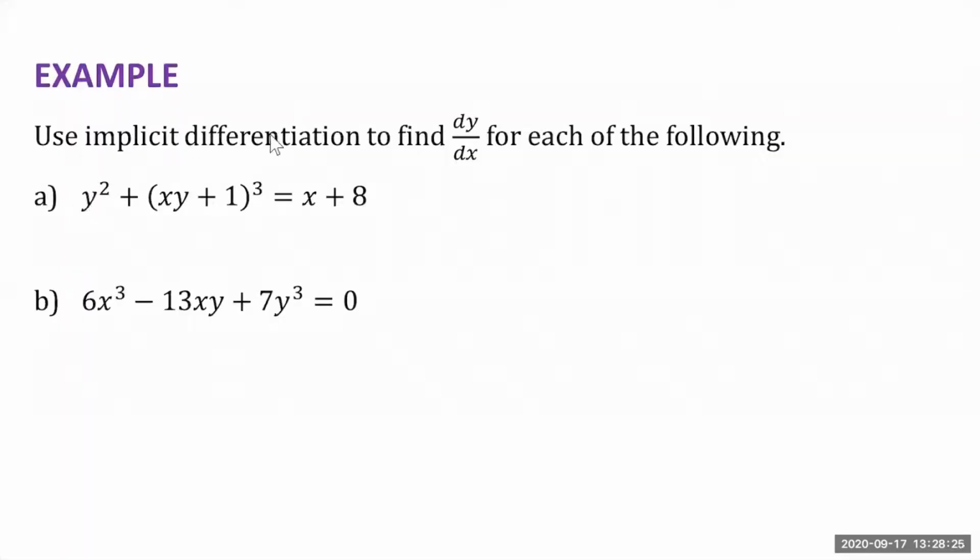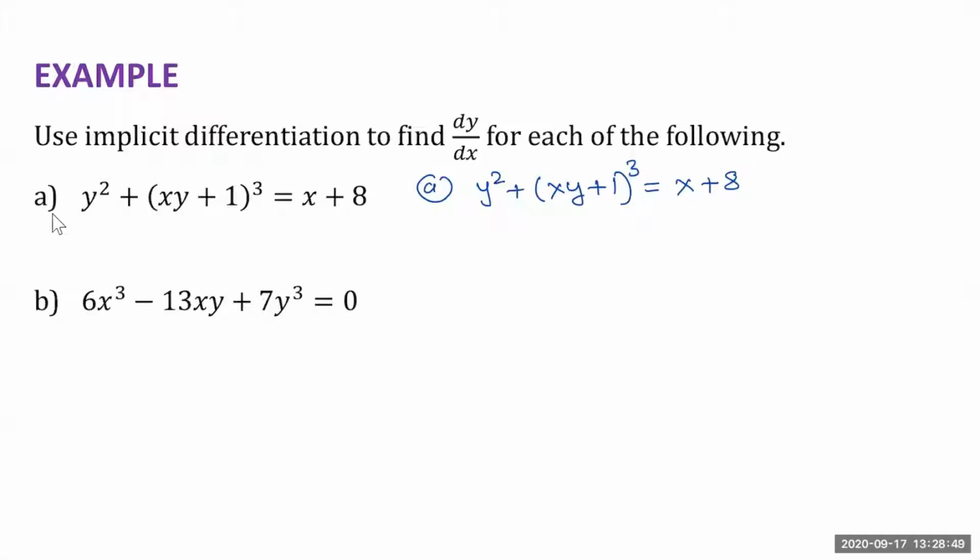Example: use implicit differentiation to find the derivative of y with respect to x for each of the following functions. The first one, a, we have y squared plus (xy plus 1) cubed is equal to x plus 8.